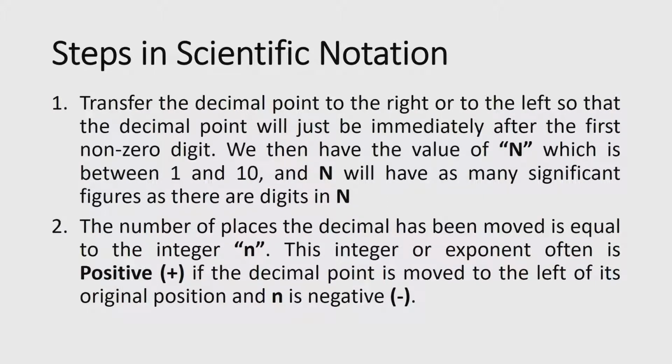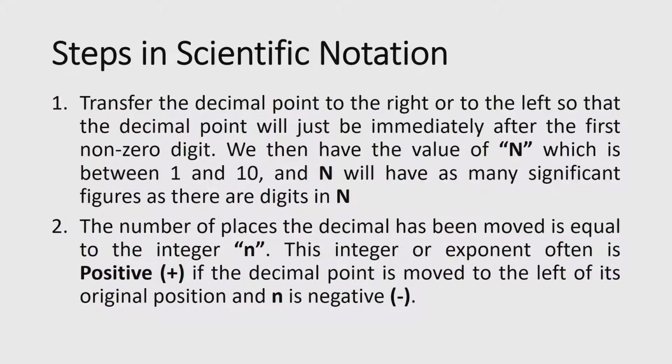N here, class, is referring to a given number, any number. Okay, how are we going to do this one? Transfer the decimal point to the right or to the left so that the decimal point will just be immediately after the first non-zero digit.